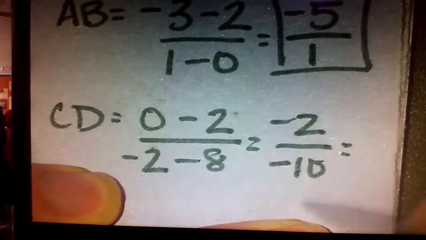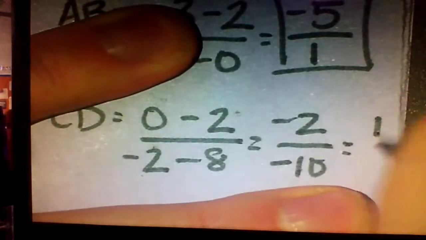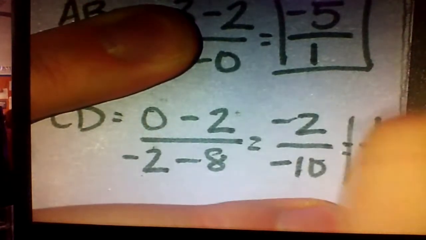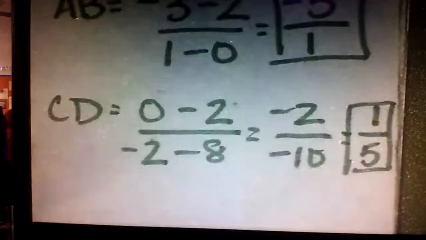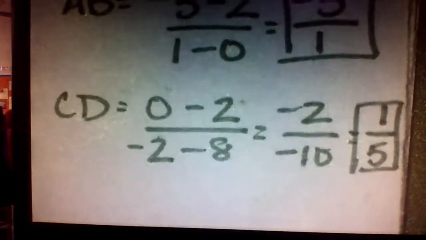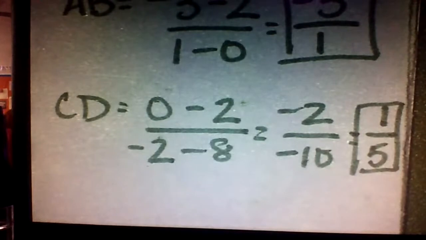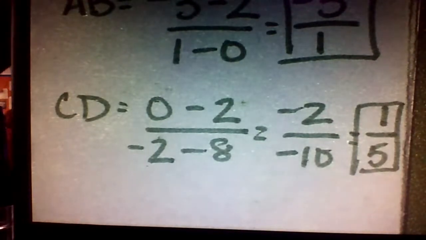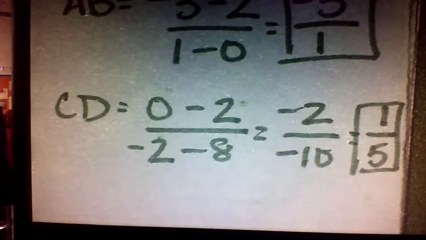The negative over a negative becomes a positive, and it's 1 over 5. So this is perpendicular, because again, I've got one negative, one positive. One is 5 over 1, the other one is 1 over 5.